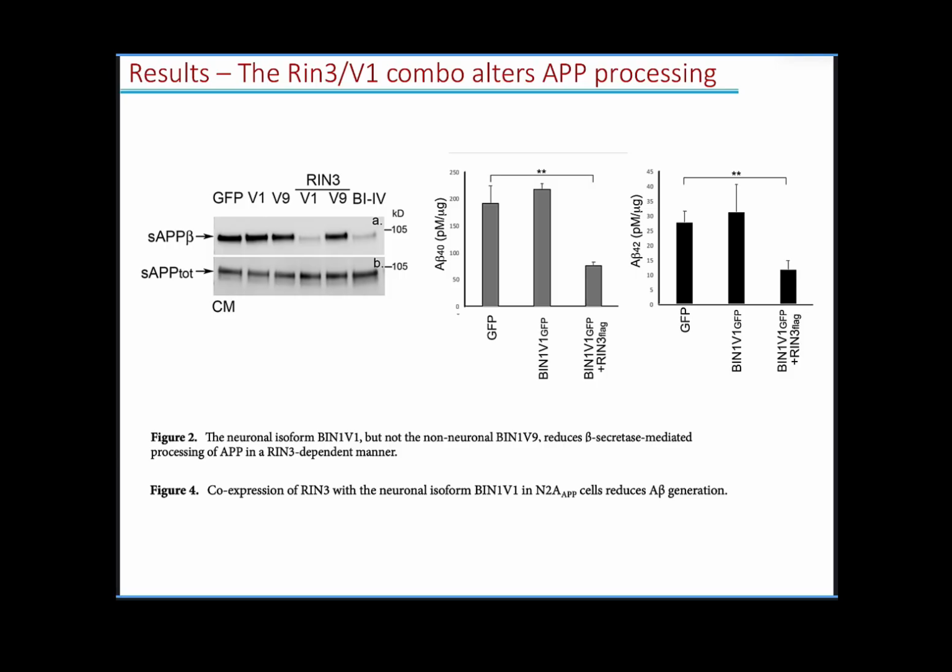And in this experiment, what they're doing is they're simply measuring by ELISA how much soluble APP is being produced by cells that express, and I'm going to walk you slowly through it, nothing. That's what we say when the authors say GFP, what they're saying is GFP that is not fused to anything.